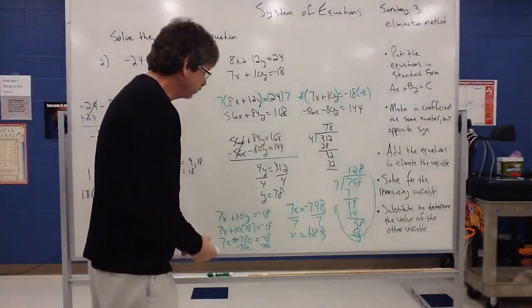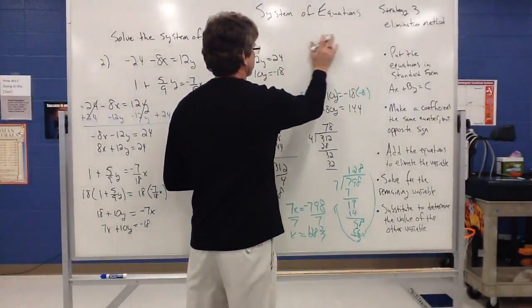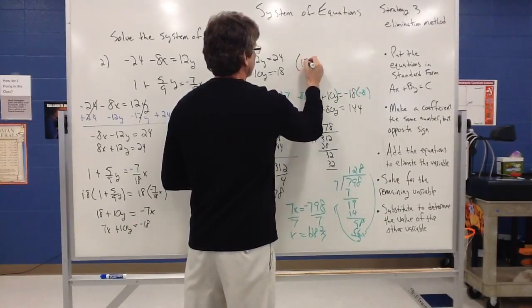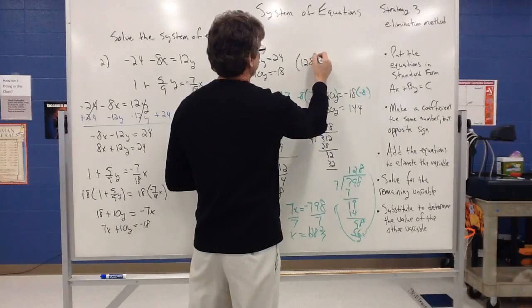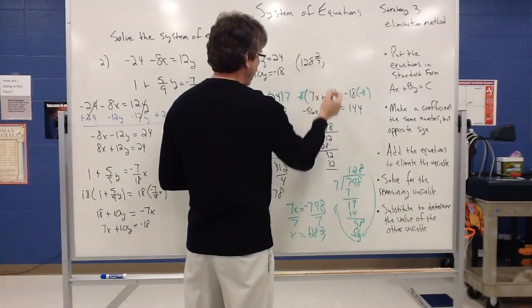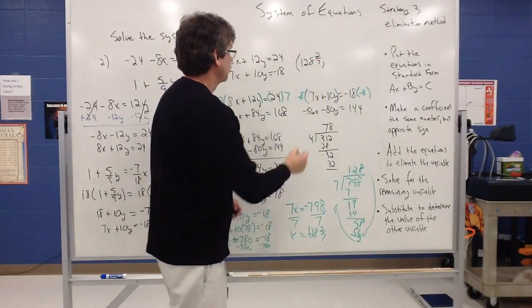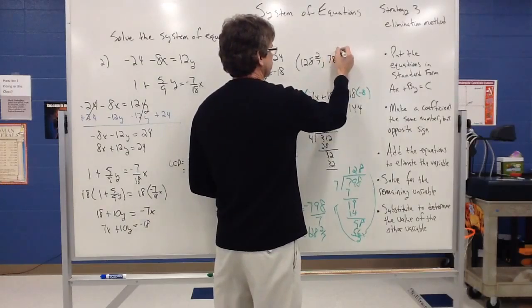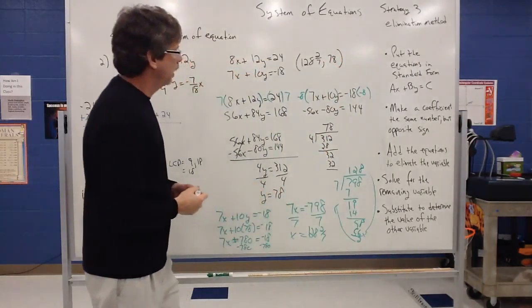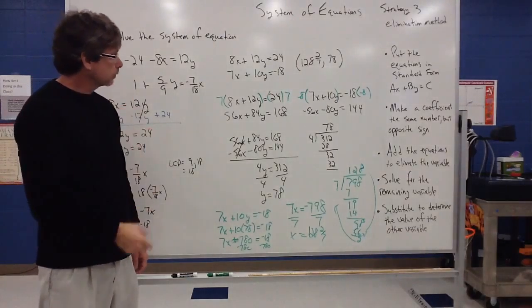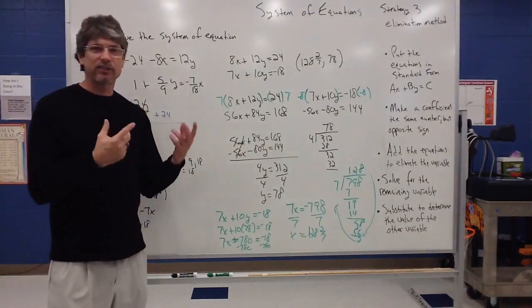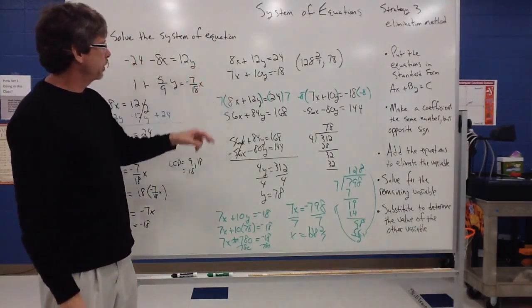So we had x is going to be 128 and 2 sevenths, while y was 78. So we get that as an answer. So there we have it. That's our solution to this system of equations.